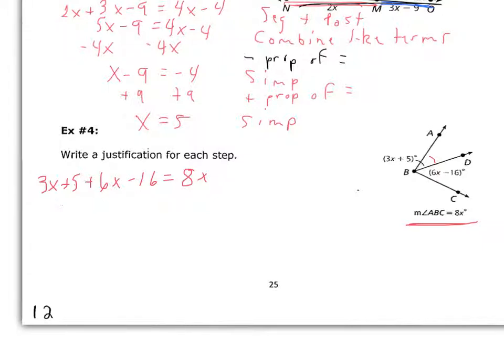And we know we can do that because of the angle addition postulate. I'm just going to kind of abbreviate that for you. Okay, we know we can set up that equation because of the angle addition postulate. Okay, so let's go ahead and start solving. Okay, we can combine like terms on the left side and give us 9x, 3x plus 6x is 9x, and 5 minus 16 would give us negative 11.